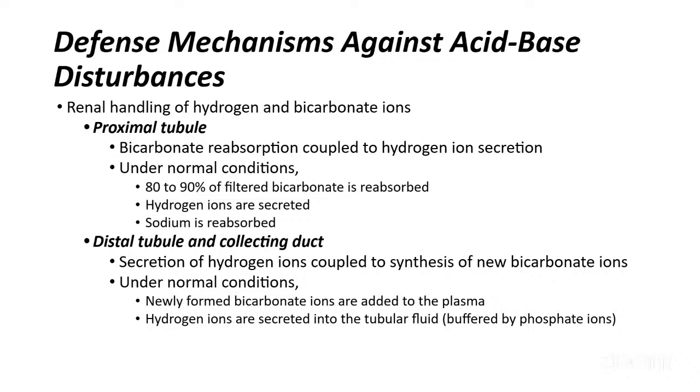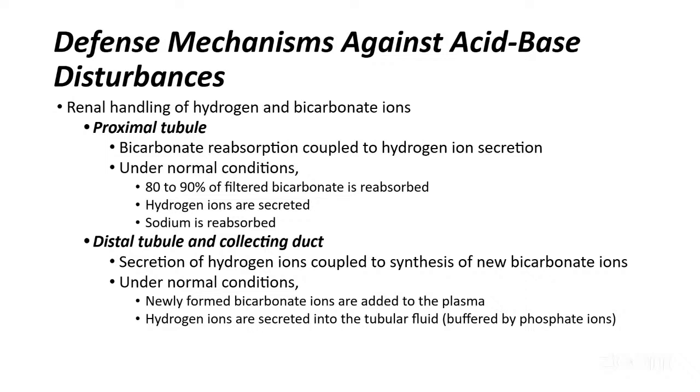So a lot of things, not just bicarbonate, are going to get filtered into the nephron. They're going to come out of your glomerulus, which is a specialized capillary, and move into this first part of the nephron. They're going to be in the filtrate.